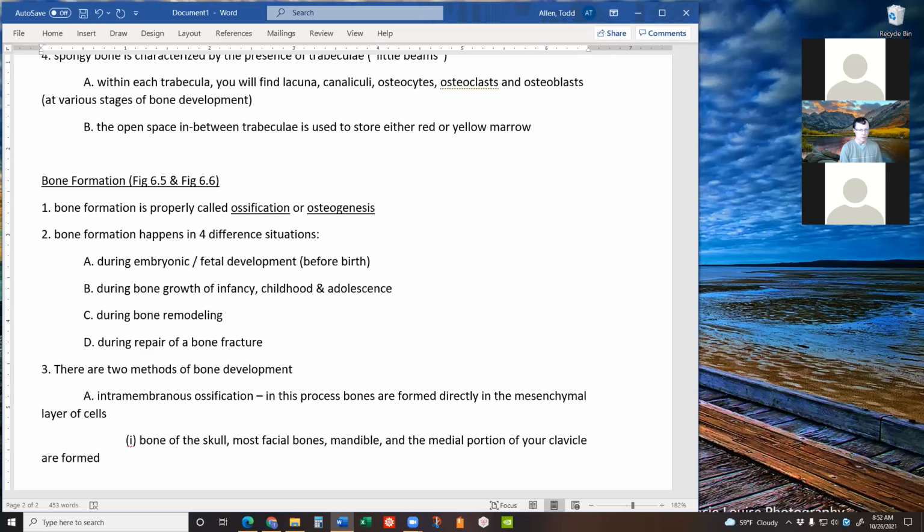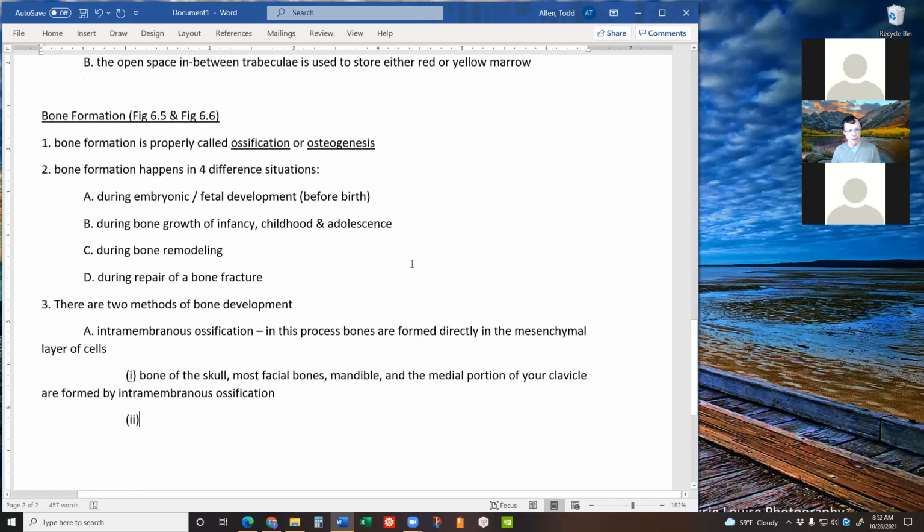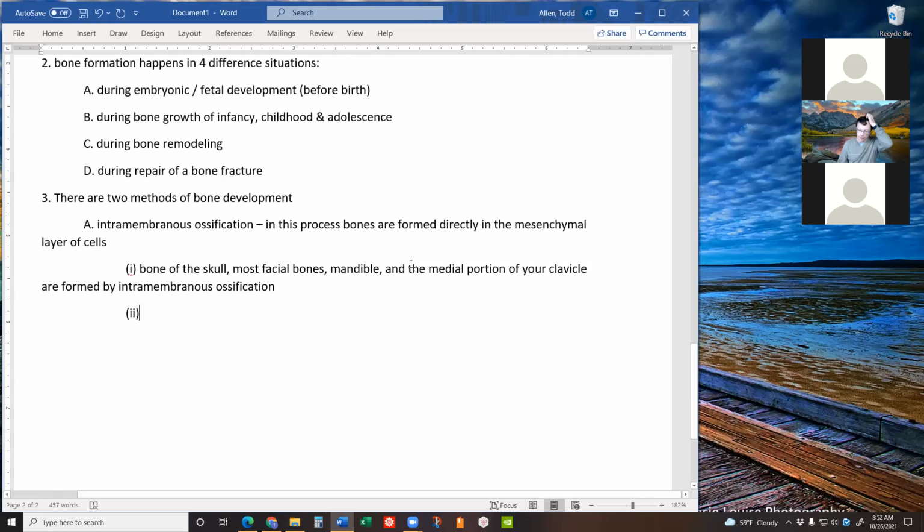Are formed by intramembranous ossification. You're also aware, because of your time studying the skeleton, of the fontanelles, right? The soft spots in the infant skull. After a child is born, those soft spots will gradually ossify and turn into actual bone tissue.